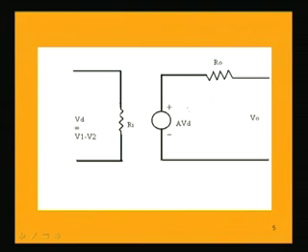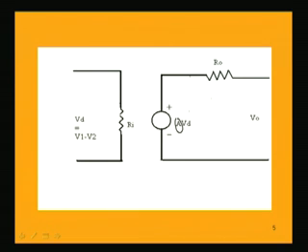If this is so, then the output voltage obtained at these two points will be A times VD, because VD is the differential input and it is amplified by A times, A being the OpAmp gain. But practically an OpAmp has an output impedance, although very low, the value R naught being the value of the output resistance.